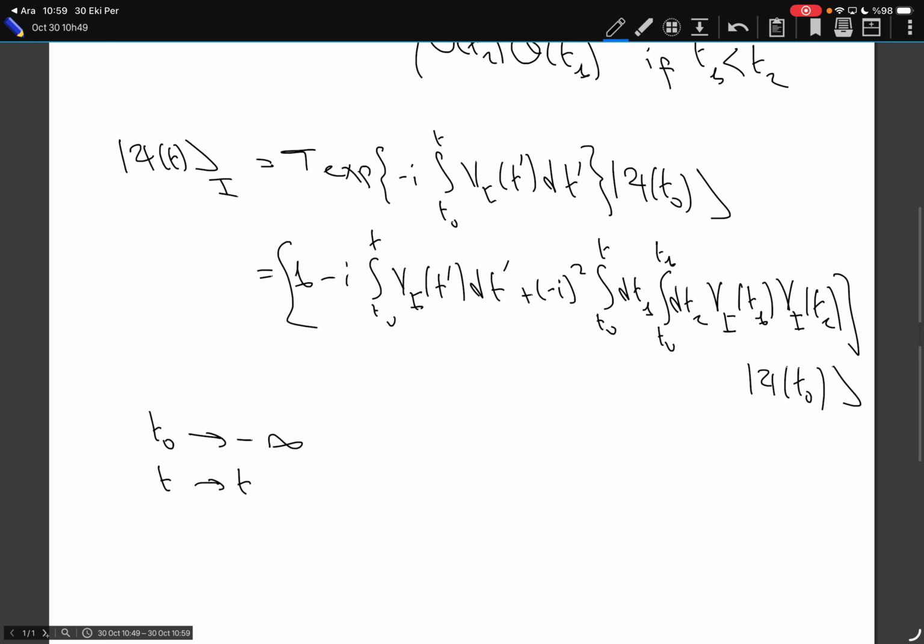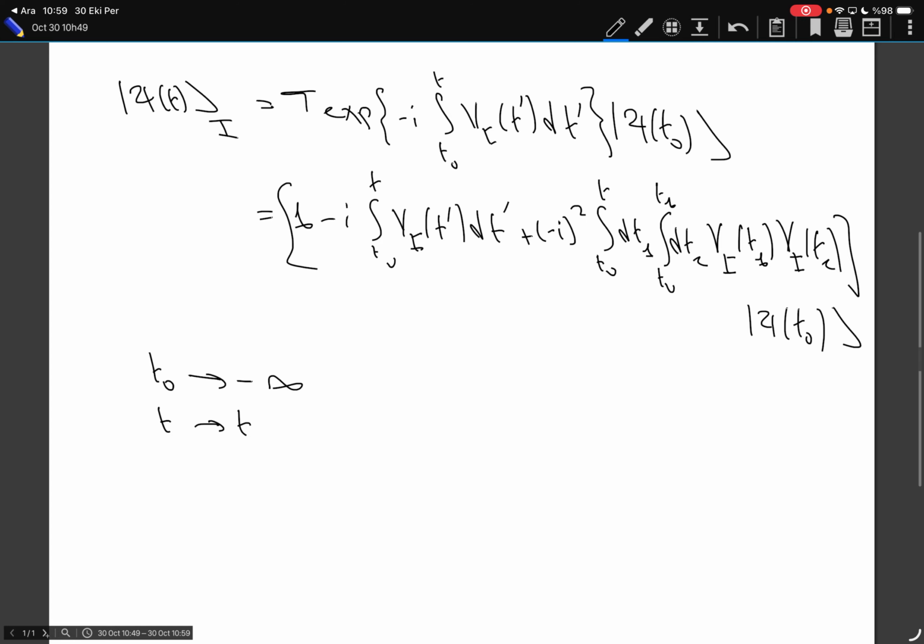But if I send t0 to minus infinity, some of the integrals become problematic because the integrals might not converge. So I would replace my V as V times e to the power eta t, and eventually take the limit eta goes to 0.